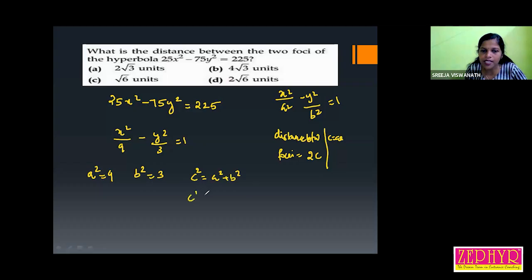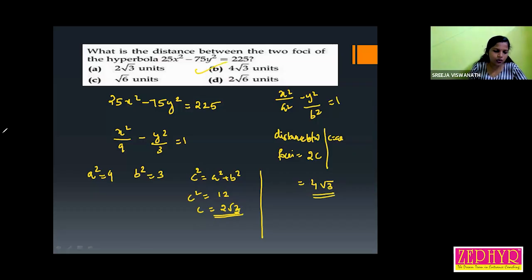So c square is equal to 12, and c equals 2 root 3. Now the distance between the foci is 2c. That is, we get 4 root 3.